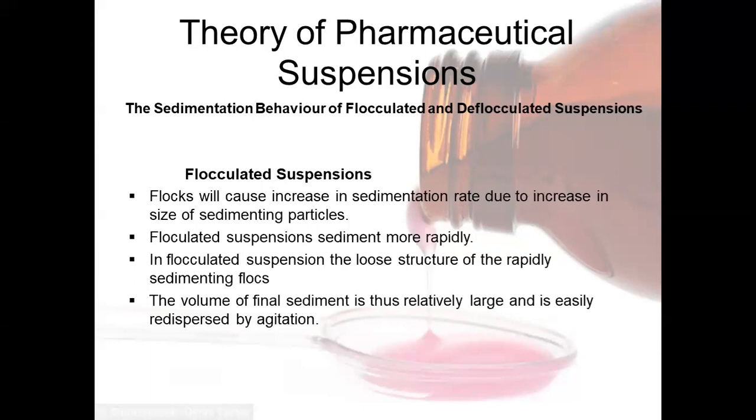For instance, by the addition of more anions onto positively charged deflocculated particles, flocculation can be achieved. This system possesses better physical stability characteristics, but its bioavailability is less when compared to the deflocculated system because dissolution of the flock is a prerequisite for drug absorption.